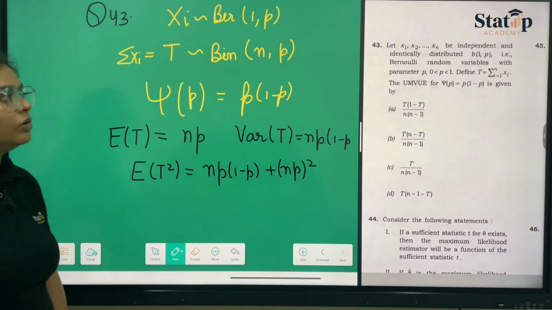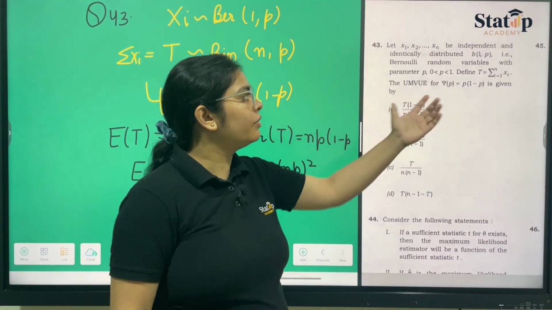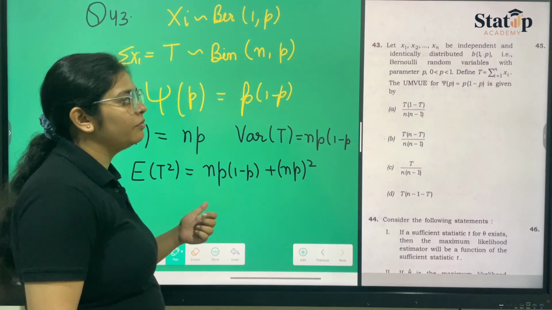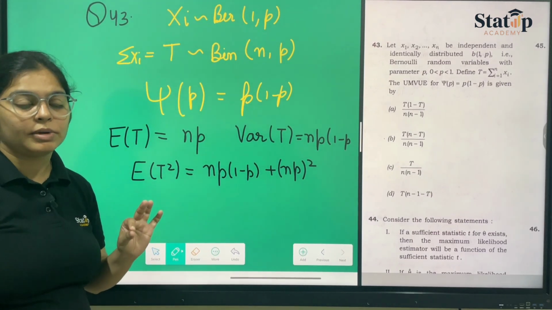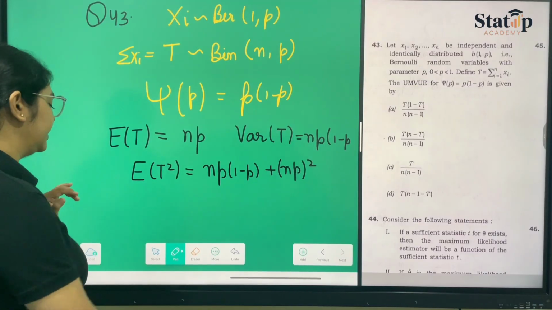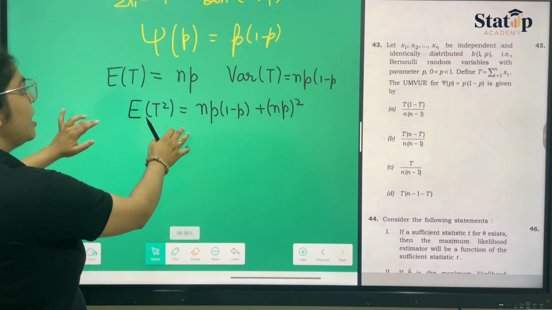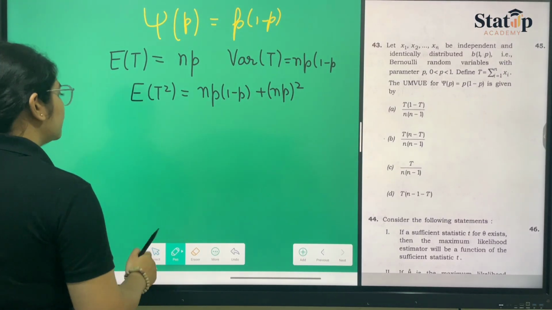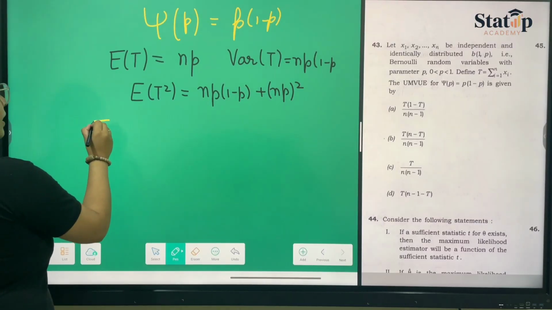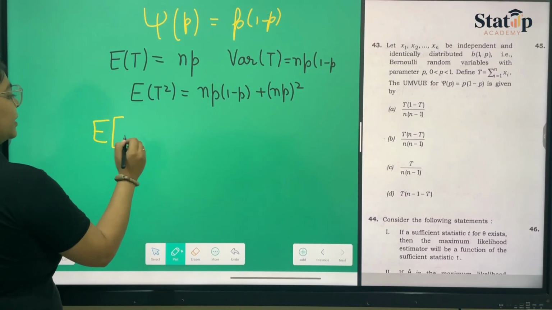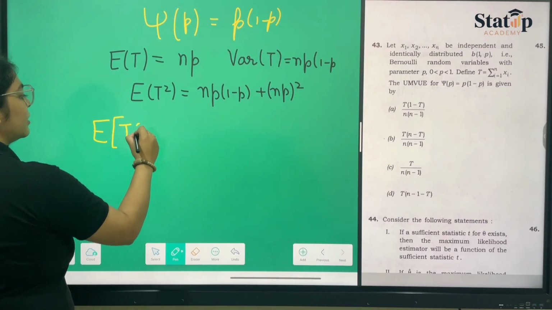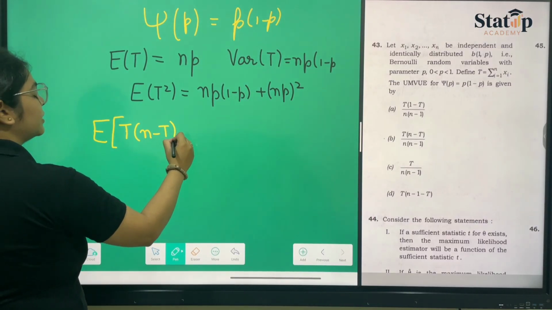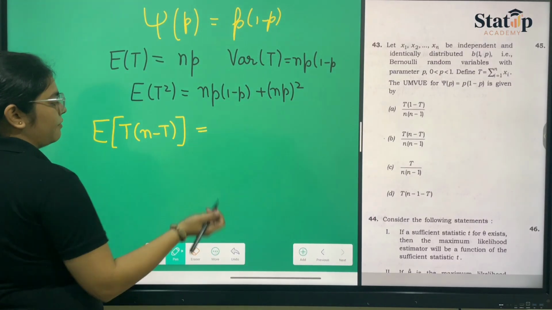Now to calculate the UMVUE, the uniformly minimum variance unbiased estimator, first of all, we have to see whether the estimator is biased or unbiased. To calculate this, let us calculate the unbiased estimator. So if we are calculating the unbiased estimator of p(1 minus p), it should be, let us say, T into n minus T. Expected value of T(n minus T) we have to calculate.